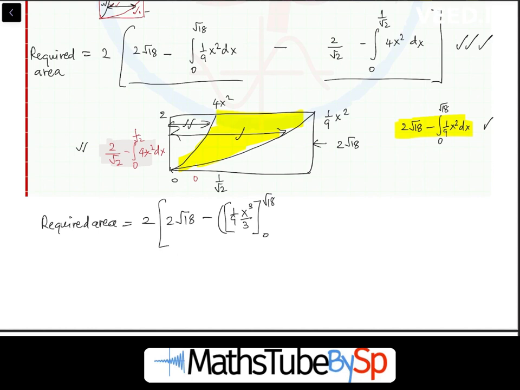I don't need this bracket, I simply need this bracket. Minus, I need to be careful here, there are minus and another minus, so we should be careful. So minus 2 on root 2, and this becomes plus, and I have to do this one. This integral is 4x cubed divided by 3 from the bounds 0 to 1 on root 2, close the bracket.